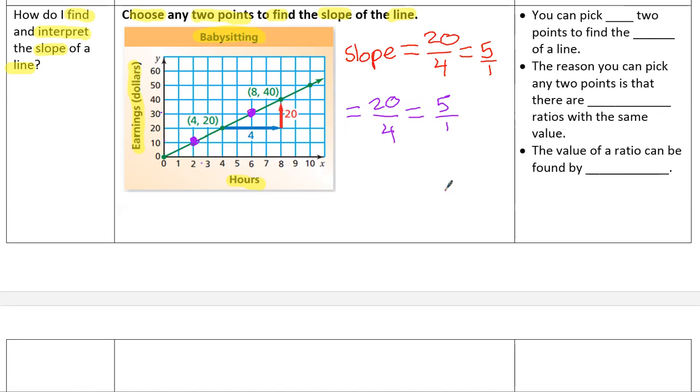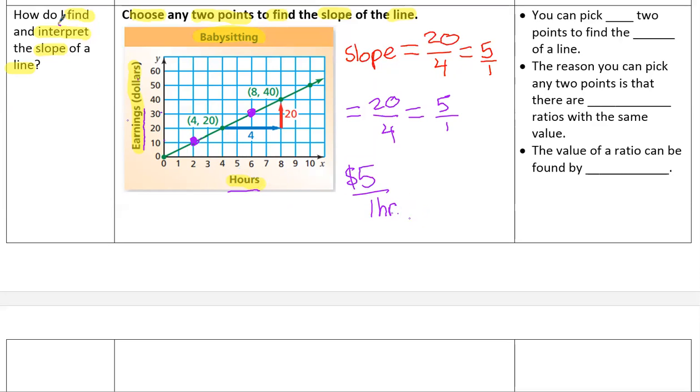Okay. Let's examine 5 over 1 a little more closely. What is slope again? It's change in y over change in x. If this is your change in y, this is your change in dollars. If this is your change in x, this is your hours. Well, look at that.